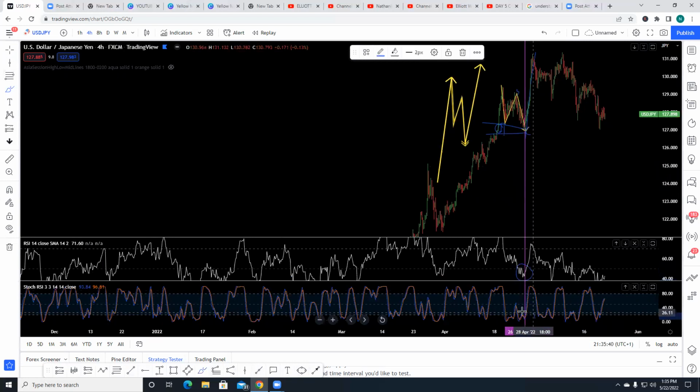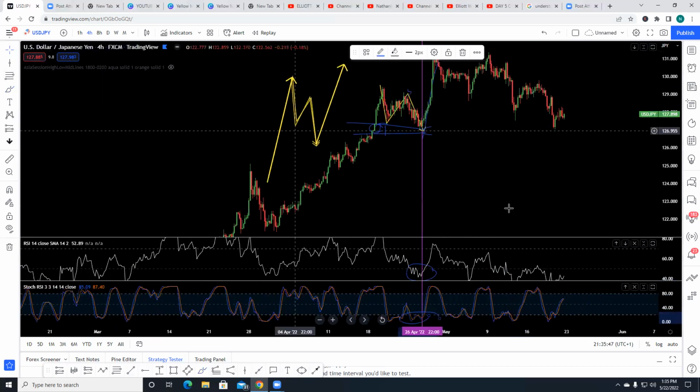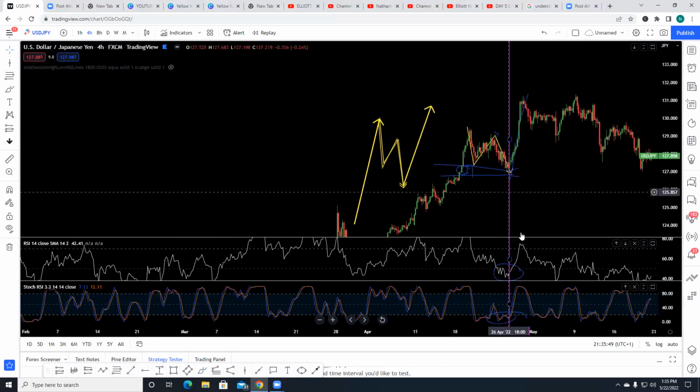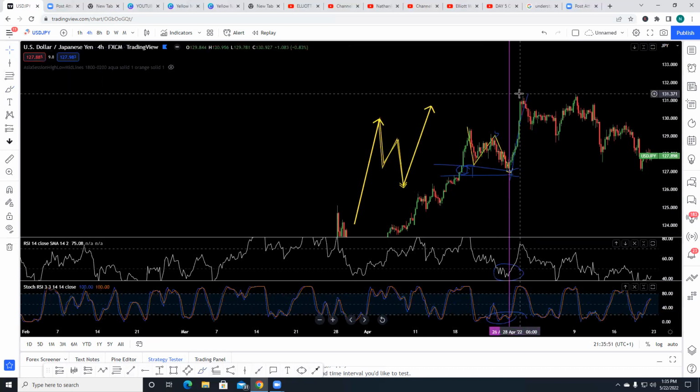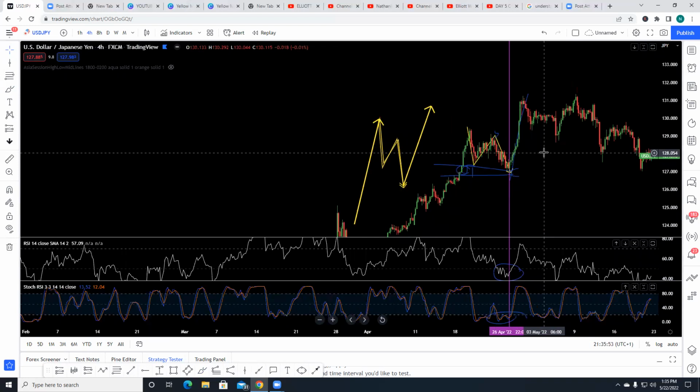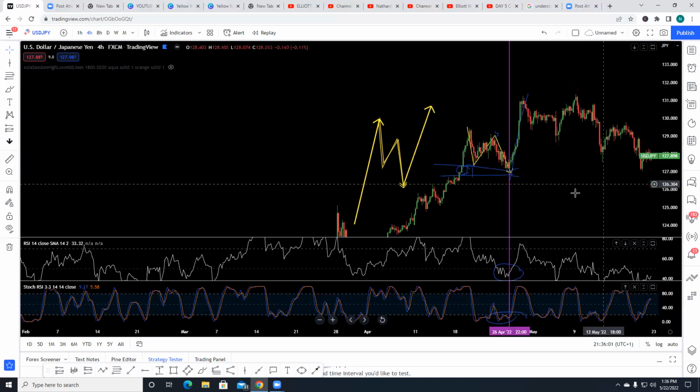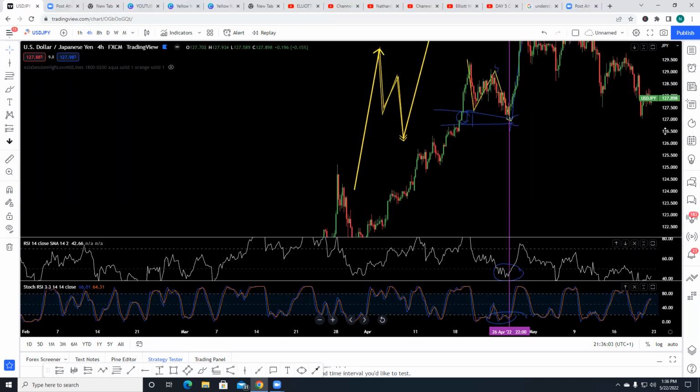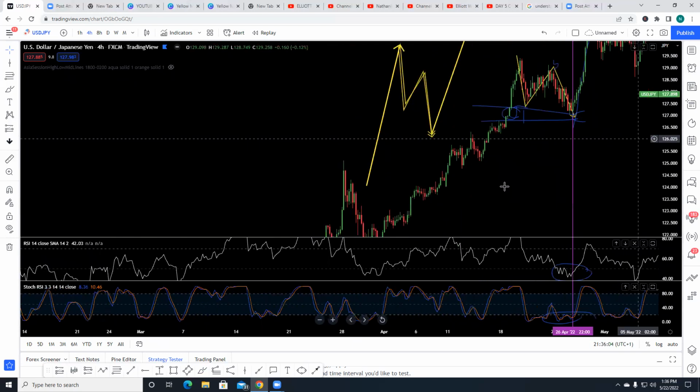Look at the stochastic, reset to the low. That signifies the absolute end, total end to the corrective structure. That's why you have this move to the upside. So by now, you know how to recognize a zigzag corrective structure that I've taught you before, and you know how to confirm that the zigzag corrective structure is over and for you to go in.